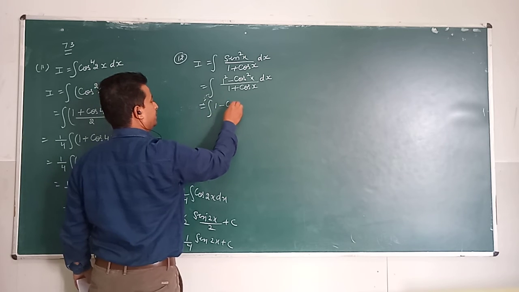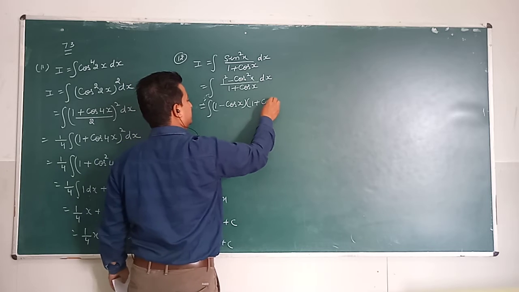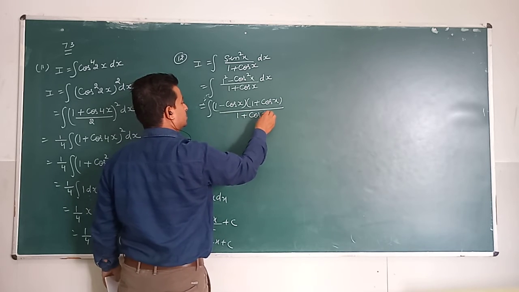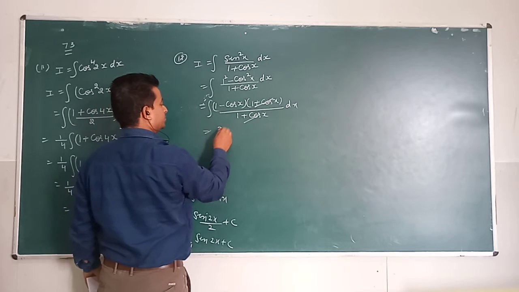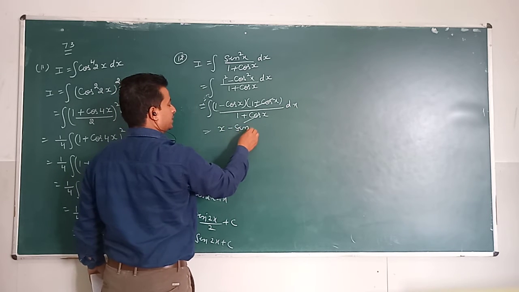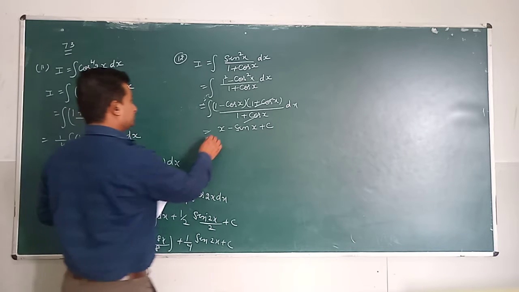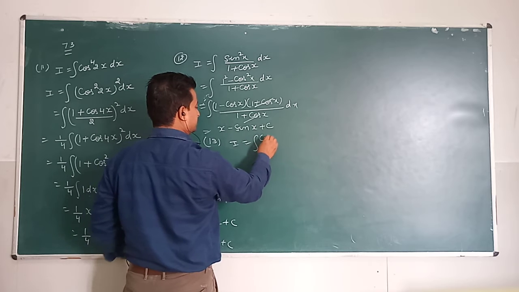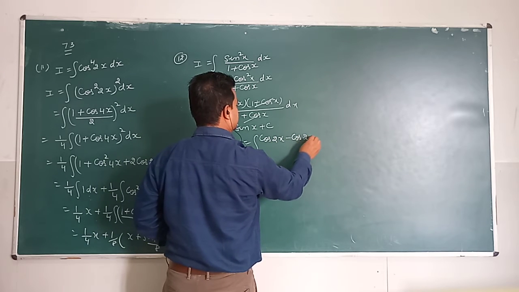Use the identity a^2 minus b^2 equals (a minus b)(a plus b), divided by 1 plus cos x. These two are cancelled out. So the integration of 1 is x and of cos x is sin x. This is the answer.